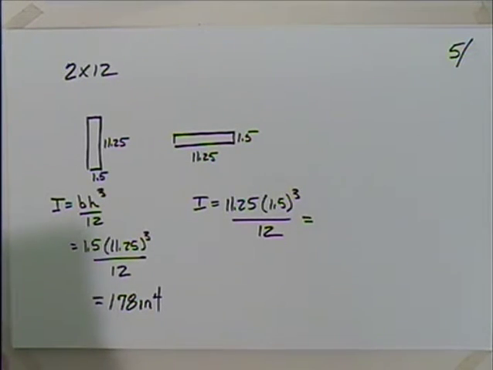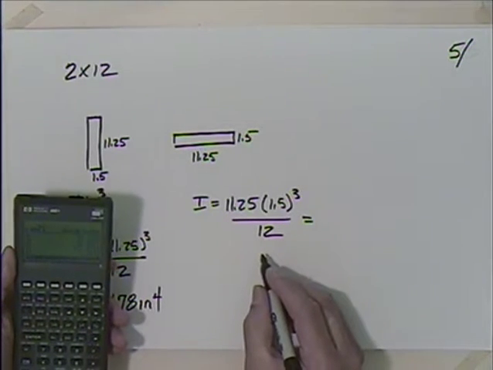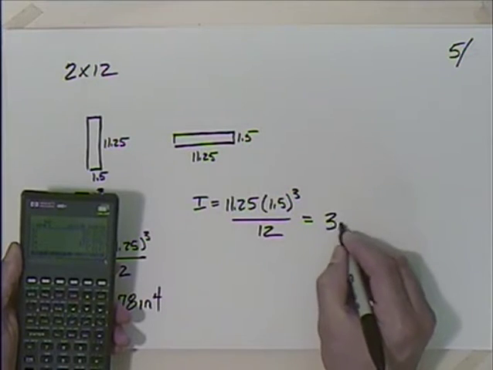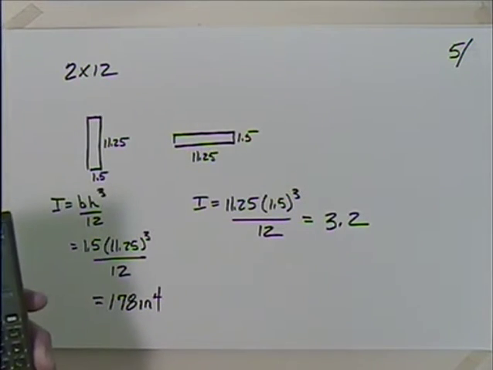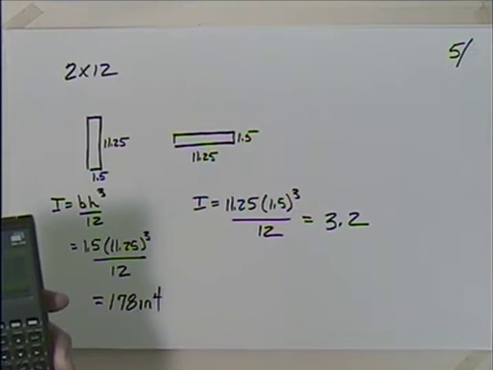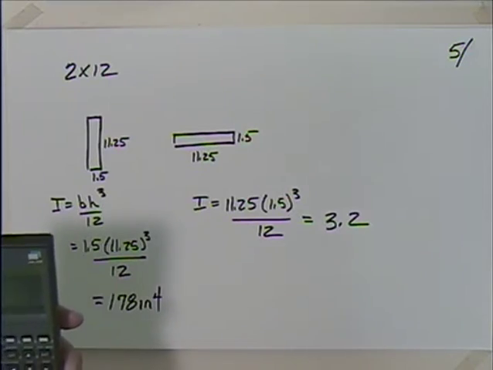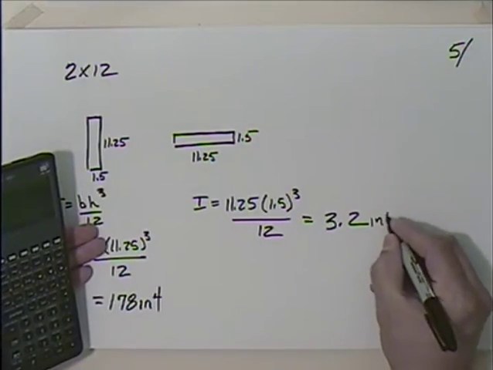Whereas this one should be about 3 or something like that. Yeah, 3.2. That should be about right. That's 1.5 cubed. Yeah. 3.2 inches to the fourth.